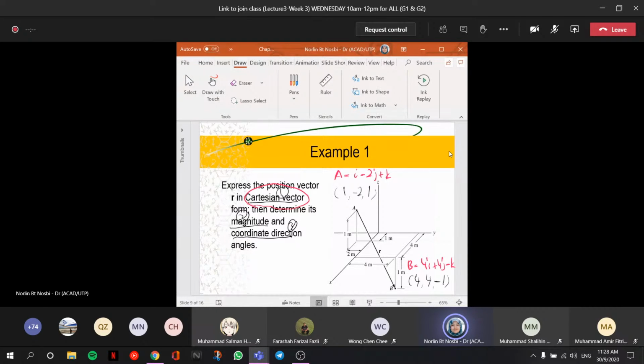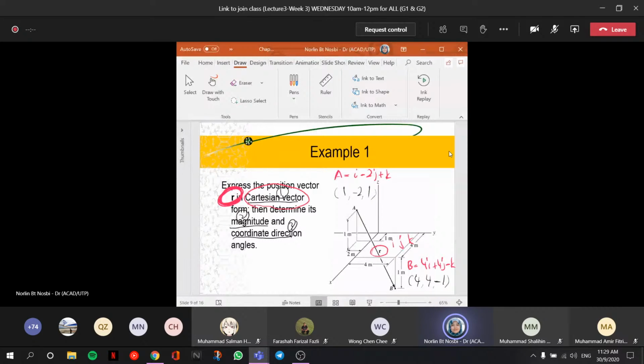So what do you need to do? Because you want to find R, the Cartesian vector for R, i, j, and k. How to find it?